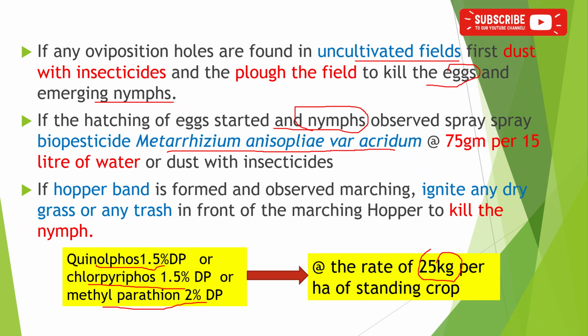If a hopper band is formed and observed marching, then ignite dry grass or trash in front of the marching hoppers, which kills the nymphs of locust.